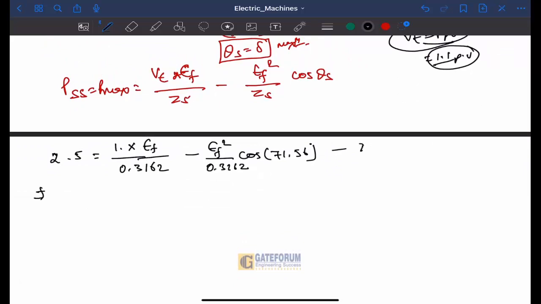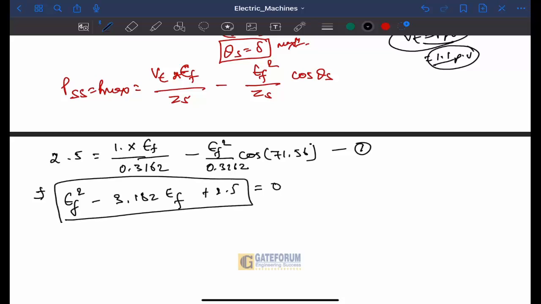After solving this equation, we will have EF square minus 3.182 EF plus 2.5 equal to 0. When we solve this quadratic equation, we will have two solutions. One solution will be invalid, another solution will be valid.